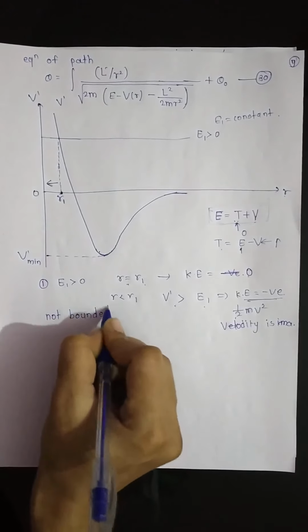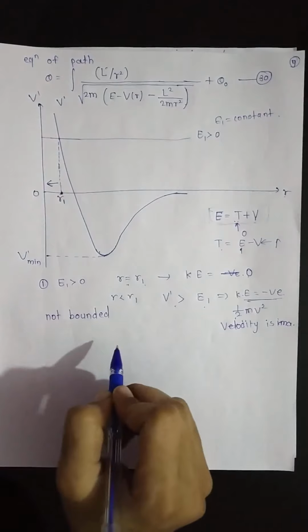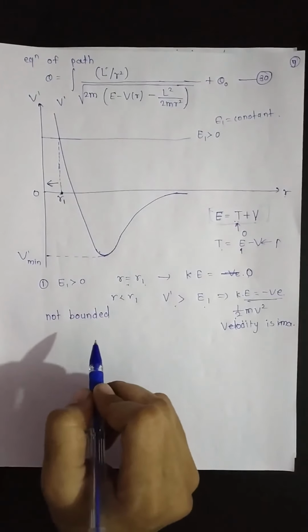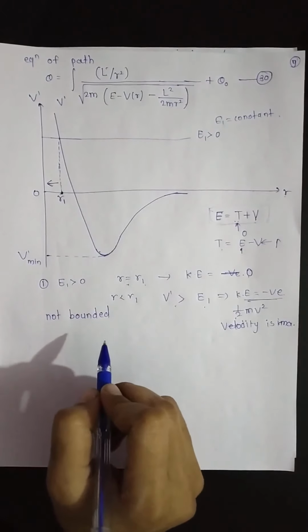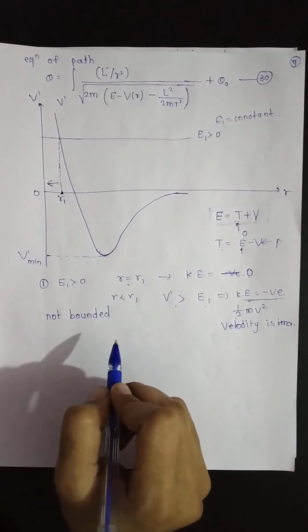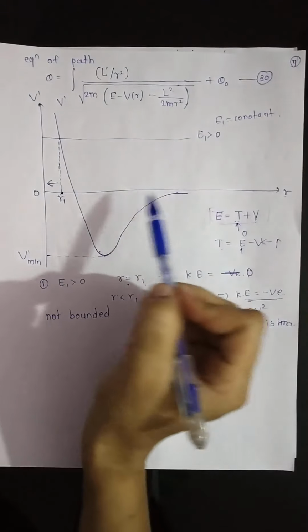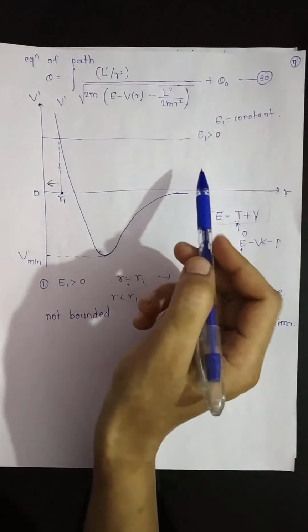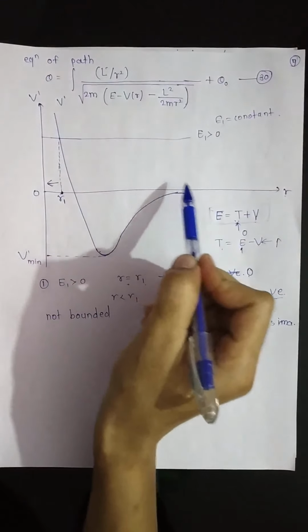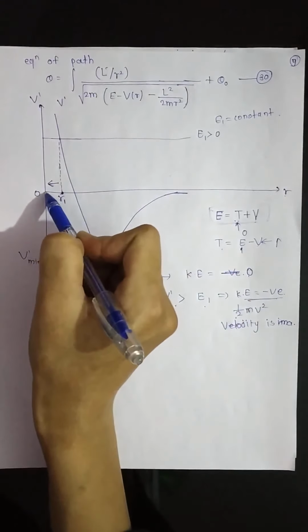So the path in which the particle is moving is unbounded. A particle having any arbitrary energy, even greater than 0, approaches the center from infinity.